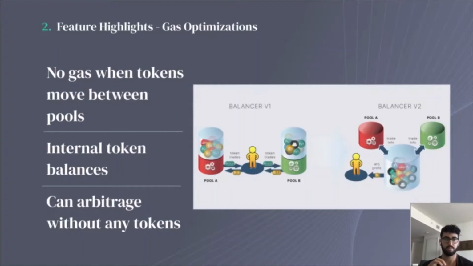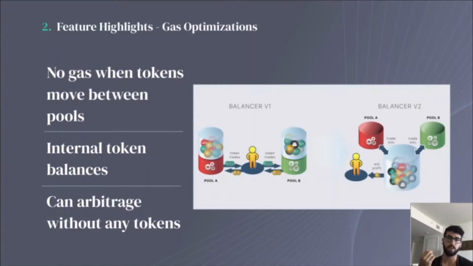That's extremely useful for high frequency traders, because they can deposit tokens into their internal balance, and then they can make unlimited trades within Balancer without any gas costs. So they would only spend gas when they deposit and when they withdraw. And this is basically kind of like a layer 2 solution within a layer 1 protocol, in the way that it works on a practical level, not on a technical level.